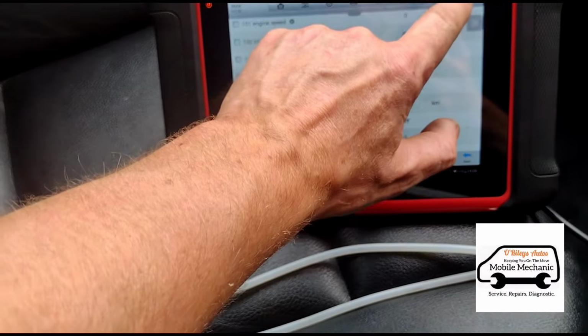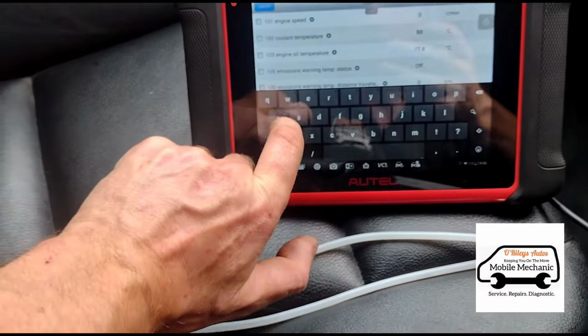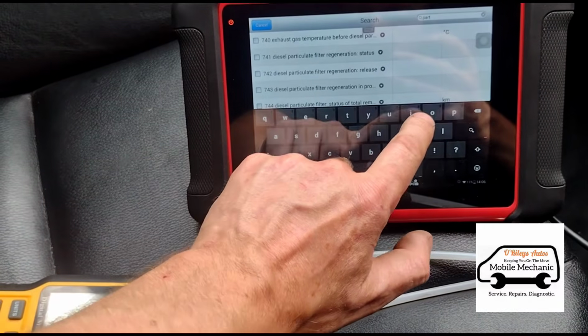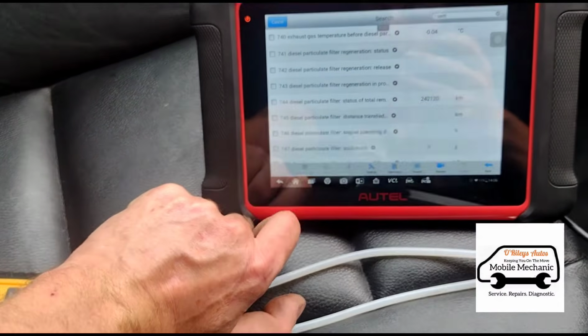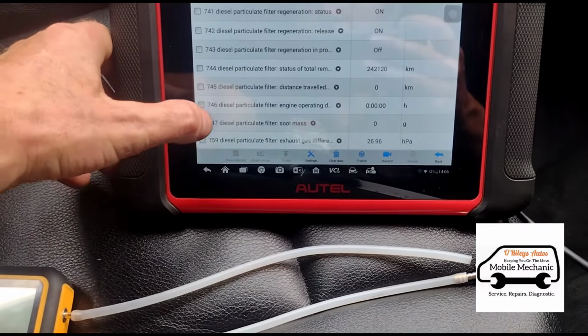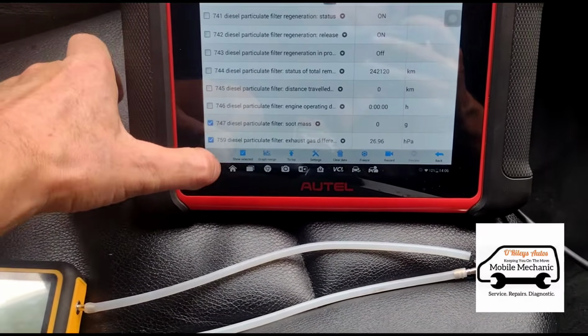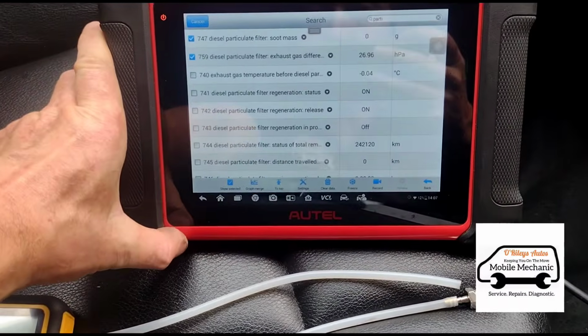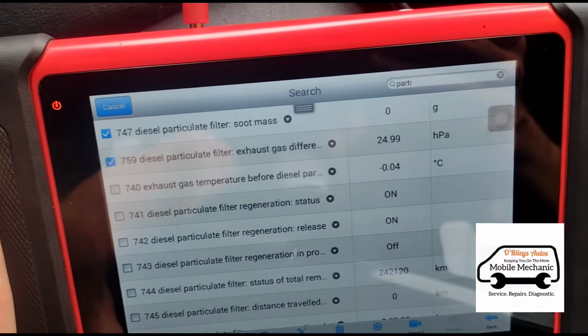So let's find the particle filter. Particle filter, soot mass and the differential pressure. Back to the top. You can see there now the soot mass is on 0.